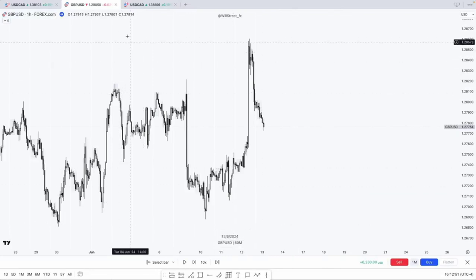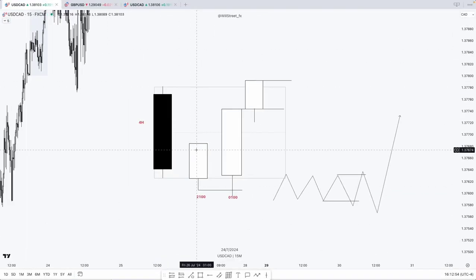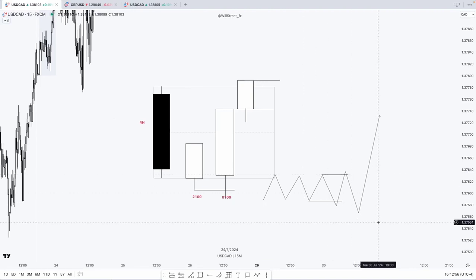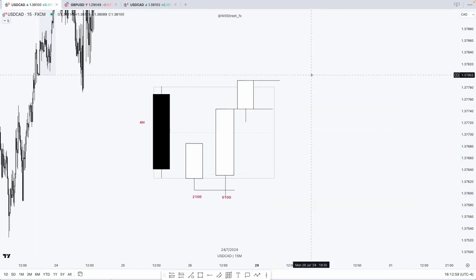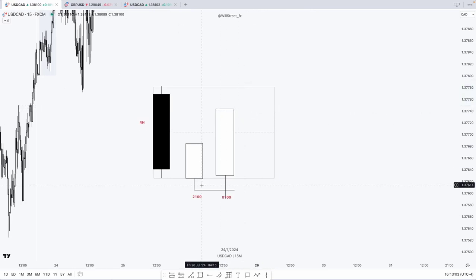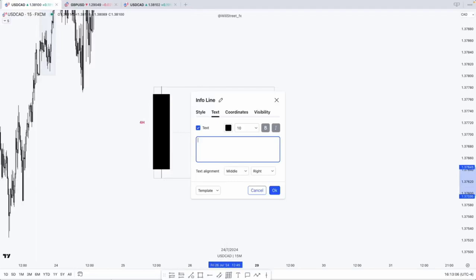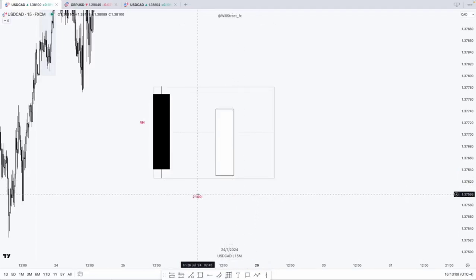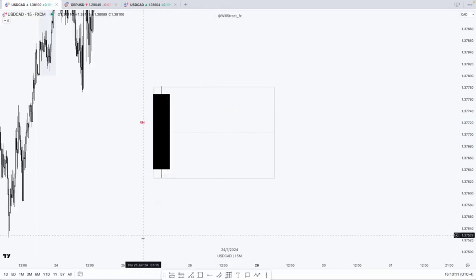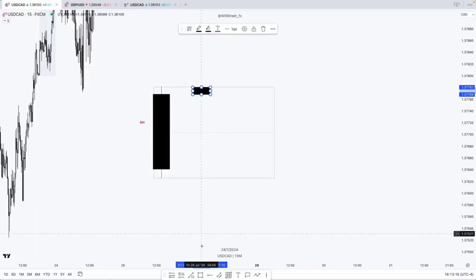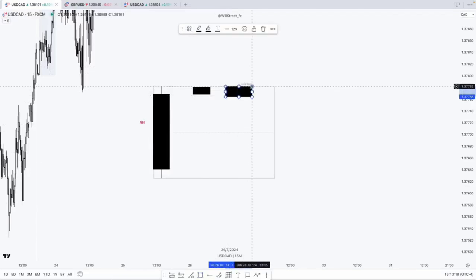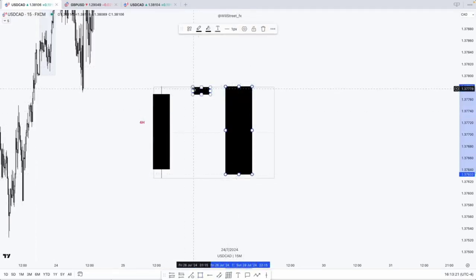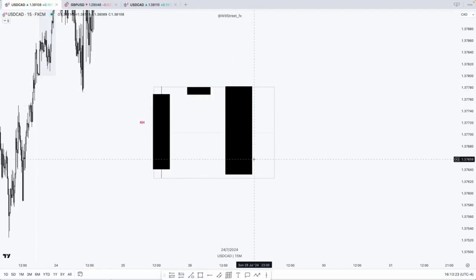Okay. Now let's see low probability conditions. Let's change and let's find out. Let's draw a very setup. So imagine now that this is exactly the same.